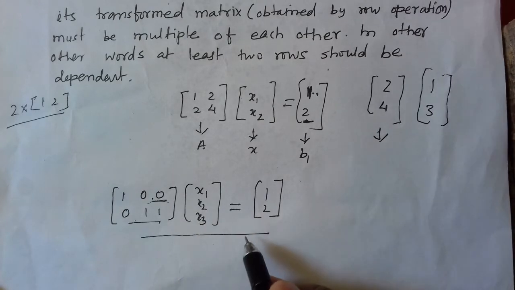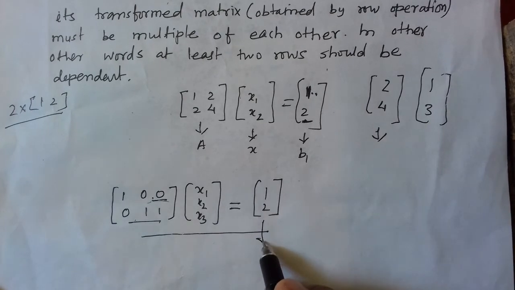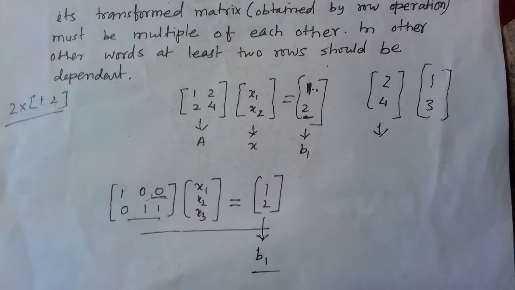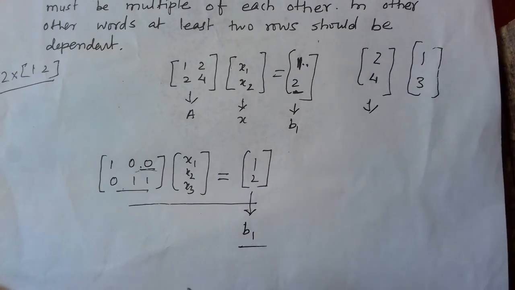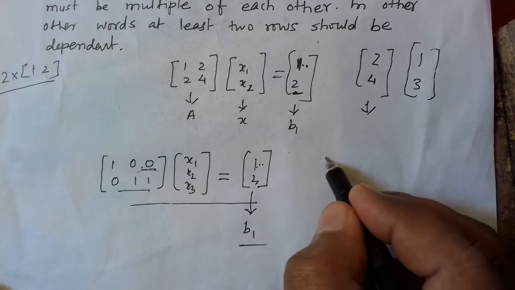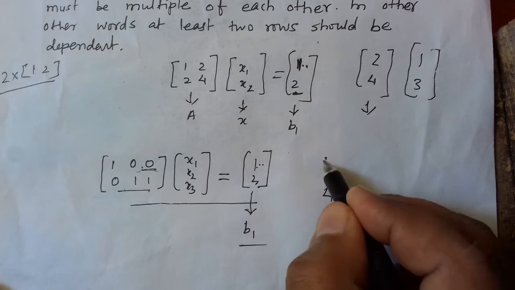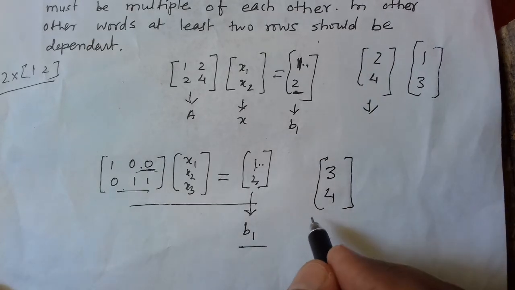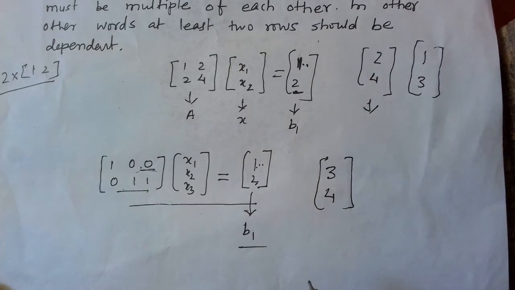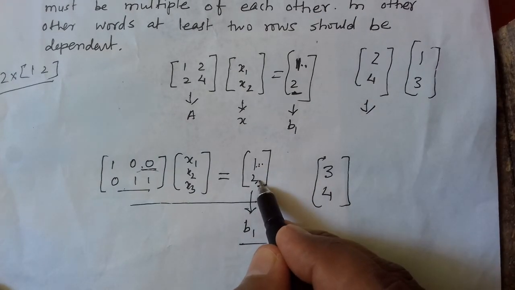But you should note that, however it has an infinite number of solutions, this b1 you can take any value, you can put any value at these two places. If you take 3, 4 in place of b1, then in that case as well you have an infinite number of solutions. In all cases you will get an infinite number of solutions, whatever the entries in the first place or the second place.